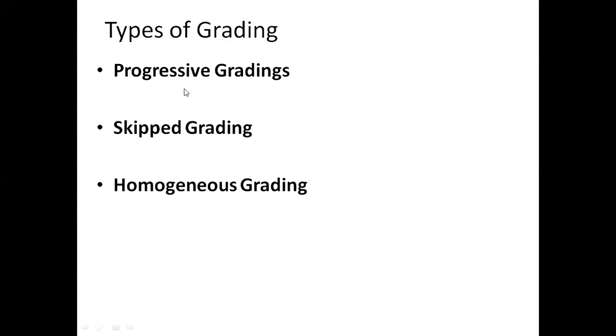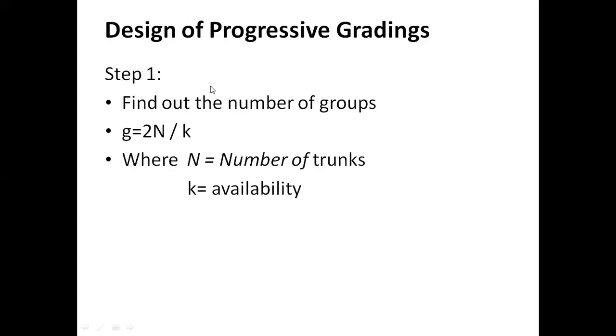The progressive grading design, and how to solve a progressive grading problem for given parameters, is what we are discussing in this class now. First things first, in the design of progressive grading, we need to find the number of groups of switches or selectors.